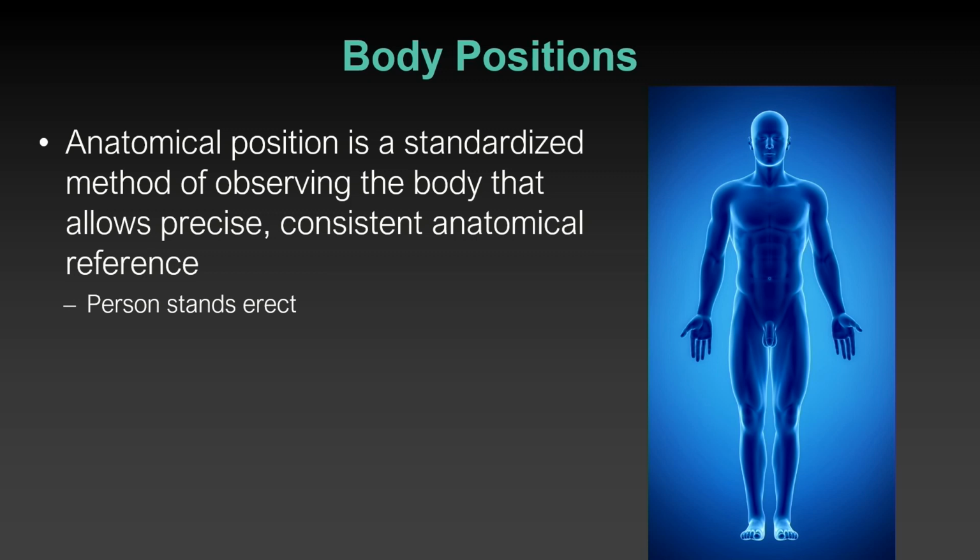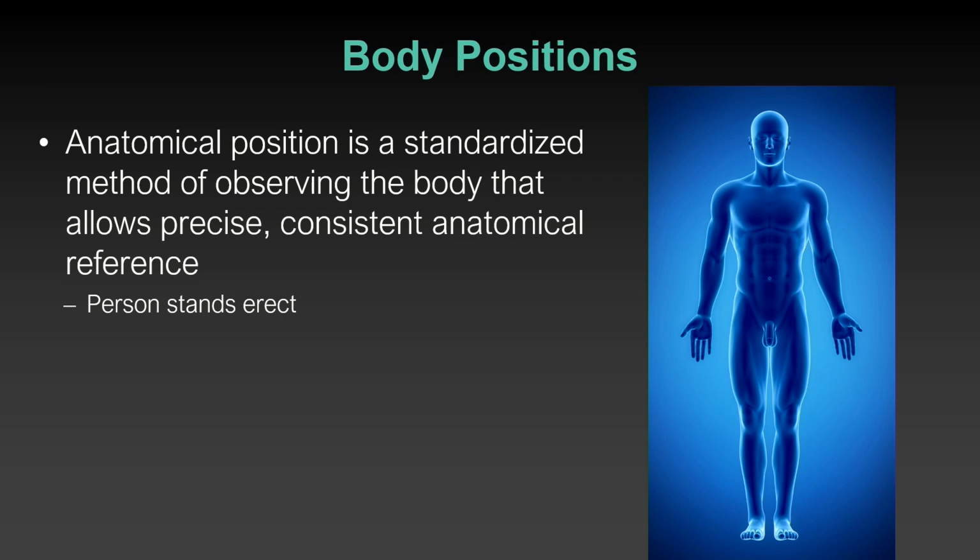The person stands erect, and really we should asterisk this statement because often when you are observing a body, you are not observing a living body. You'll often observe a cadaver or a piece of a body. And so a cadaver can't stand erect, but it does take on the same orientation of all of the structures. It stands erect, or if it's lying on its back, it's called supine. There's no folding of the limbs.